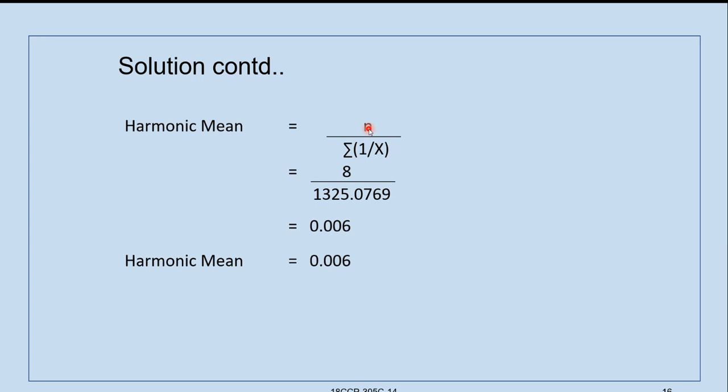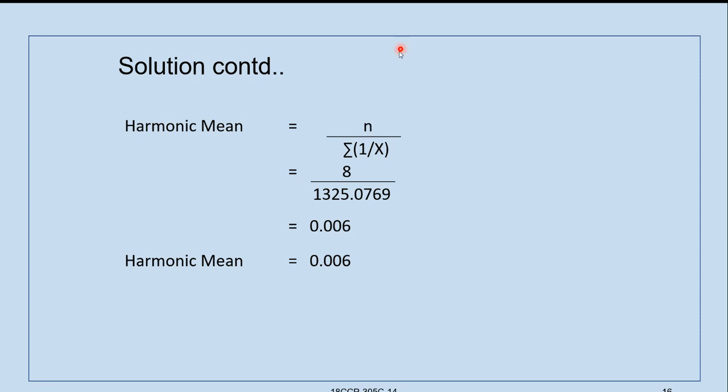If you have small numbers in the series, the harmonic mean will be very small. Suppose if you have abnormally large numbers, the harmonic mean will still be very small. So this is the procedure for calculating harmonic mean in individual observations.